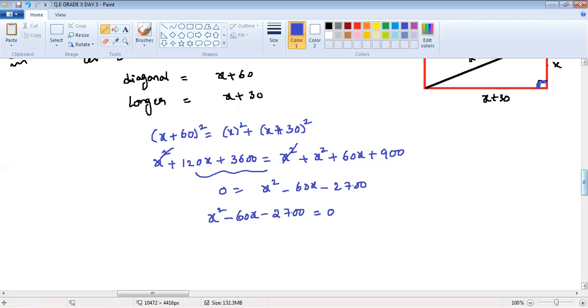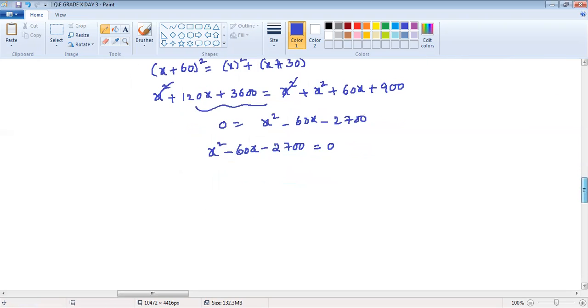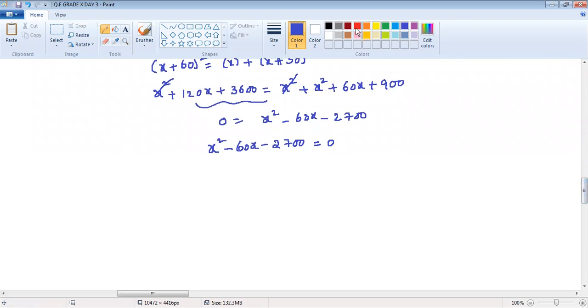Right. Now what can we do? Splitting the middle terms, or completing the square method, or the quadratic formula method. Actually I'm going for splitting the middle terms. If I apply, then I'll get x square minus 90x plus 30x minus 2700, which is equal to 0. Then here take x common, x into x minus 90.